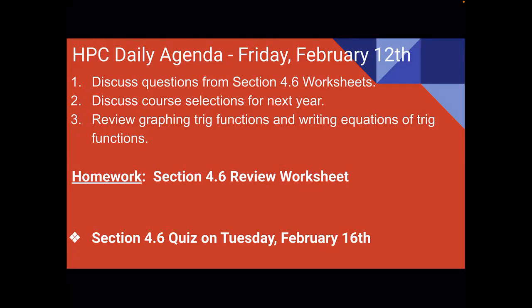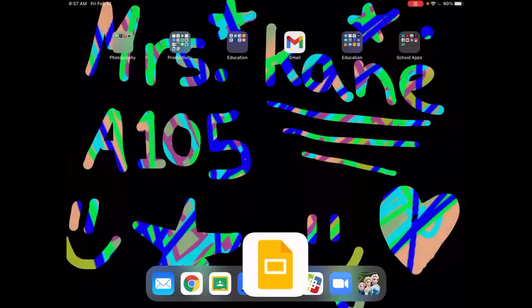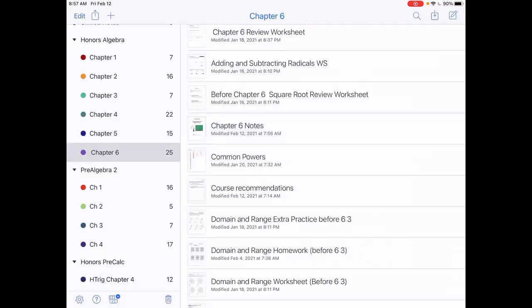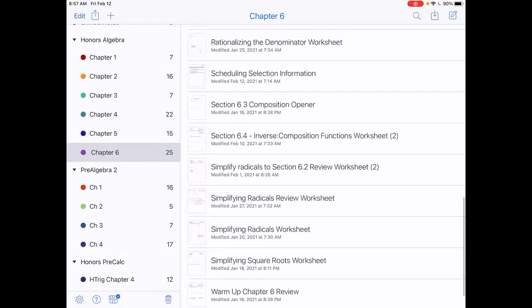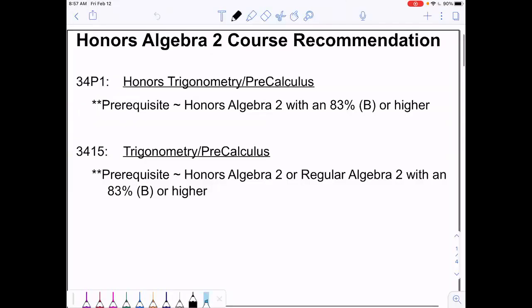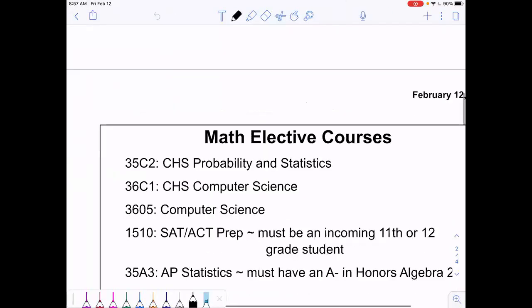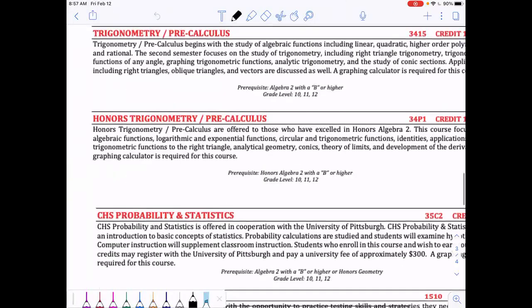So before we talk about the homework, I just want to go over a little bit with you about course selections for next year, the options and opportunities that you have to take for next year. There it is.